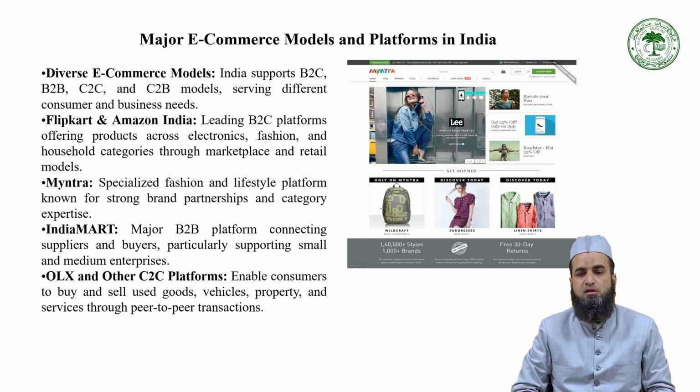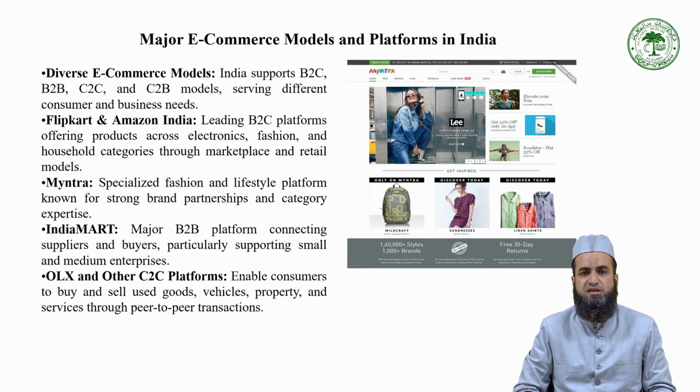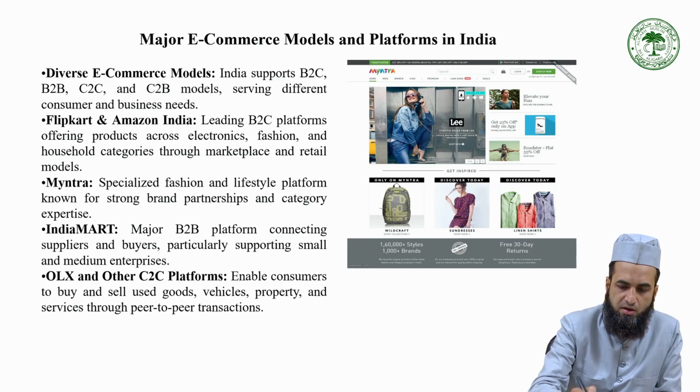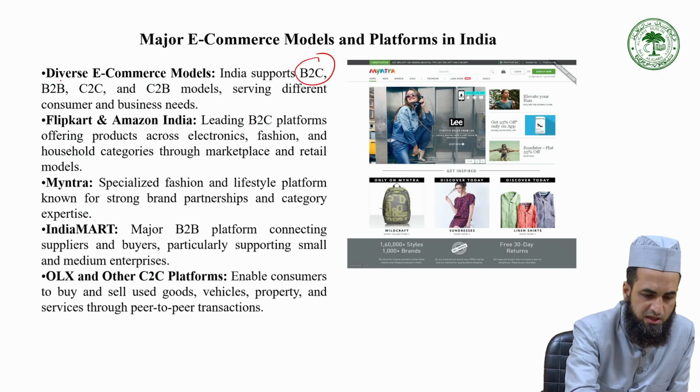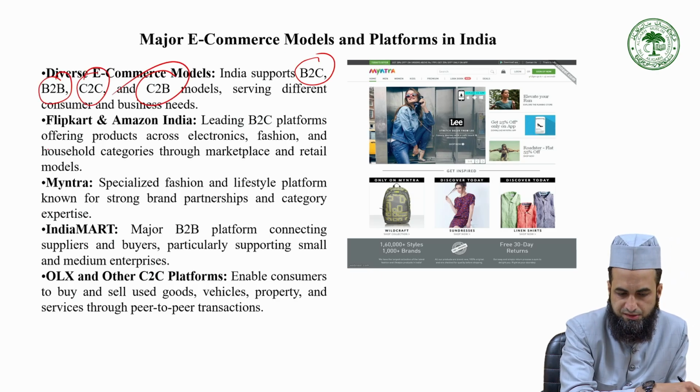C2C models support individual selling and resale, and the C2B model allows individuals to provide services to business clients. So this diversity reflects the wide range of commercial needs present in the Indian economy, right? This is something we have discussed in detail in the previous week, I guess.